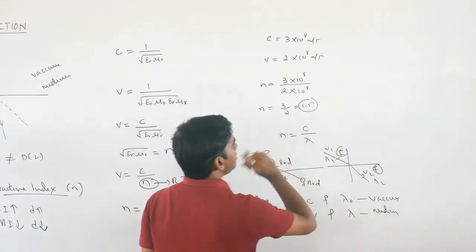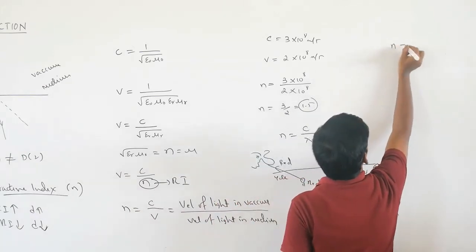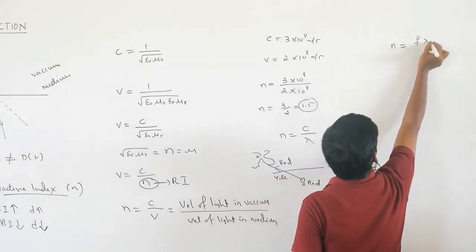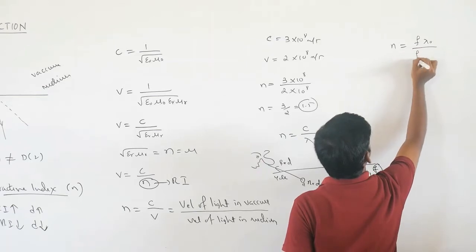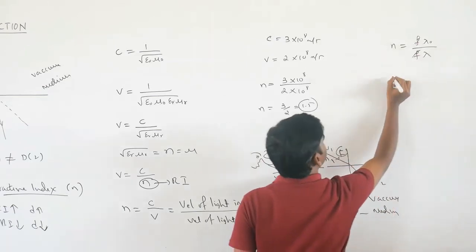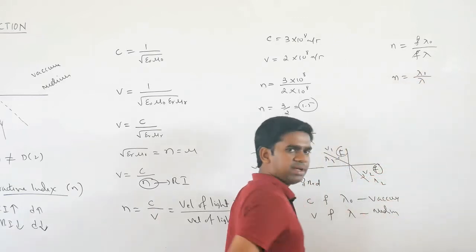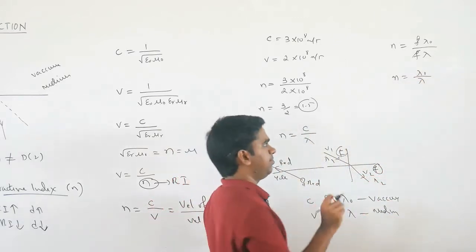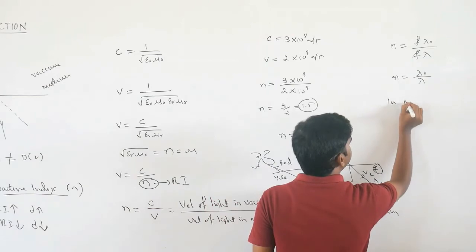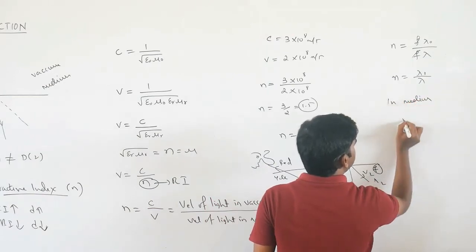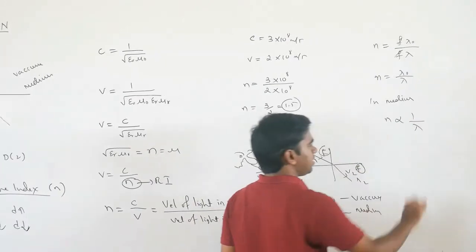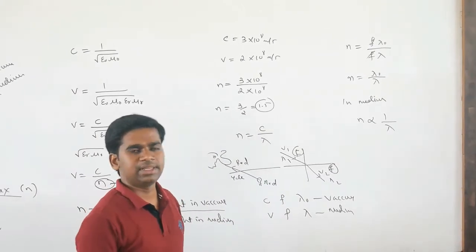So can I write the refractive index as f lambda naught divided by f lambda? The f will get cancelled. So n equals lambda naught divided by lambda. So in the medium, n is inversely proportional to what? Inversely proportional to lambda, that is, the wavelength.